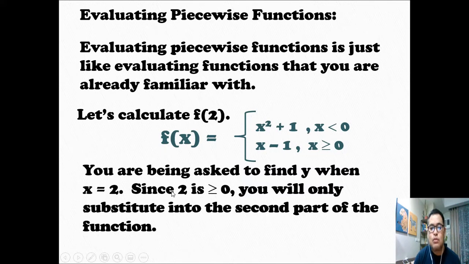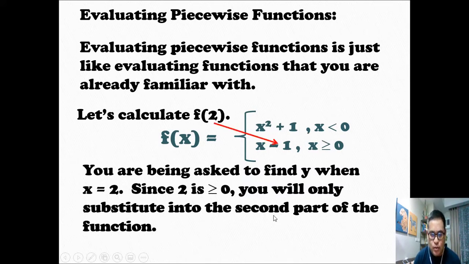Since 2 is greater than or equal to 0, you will only substitute this into the second part of the function, as the piecewise function stated. I hope you are getting across.